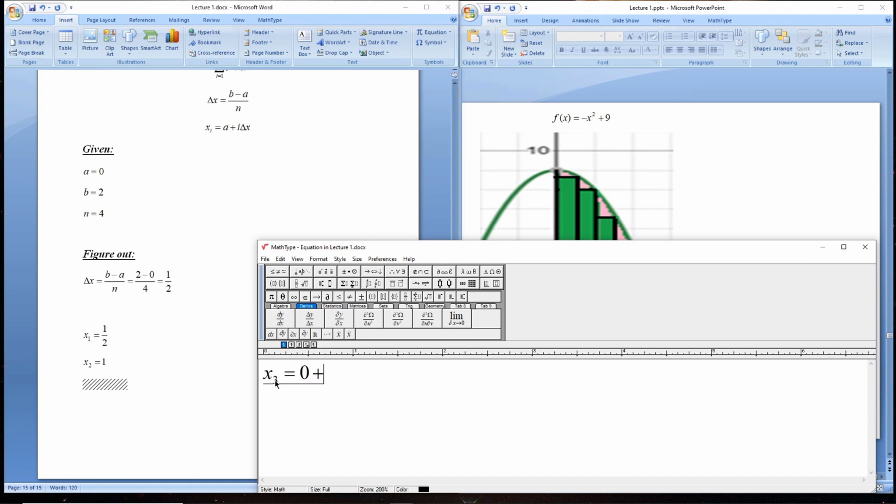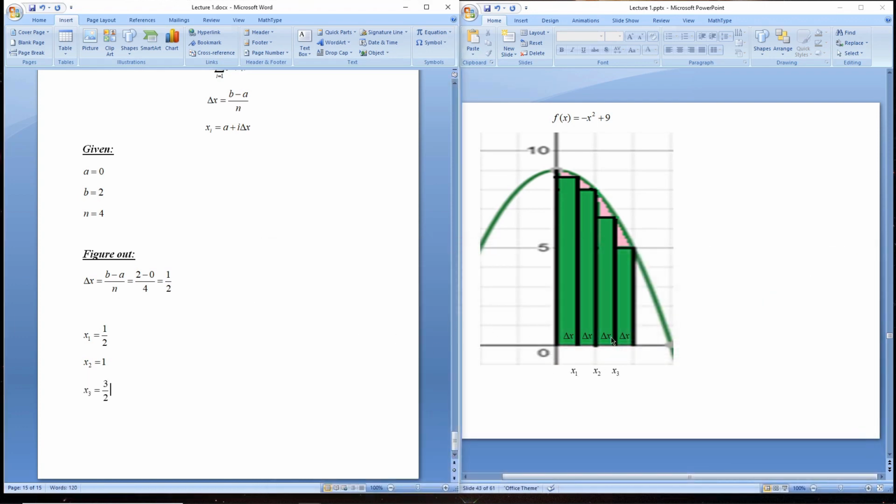Now in this case, i is 3 times delta x. Adding 0, meaningless, so we'll just get rid of that. And delta x, we know. It's a half. So 3 times a half is 3/2. And that is the position of the third rectangle. The third rectangle at x3 is 3/2.